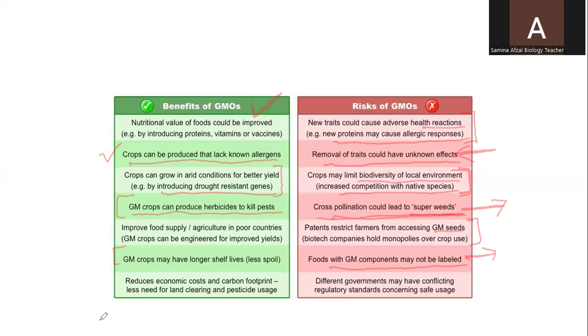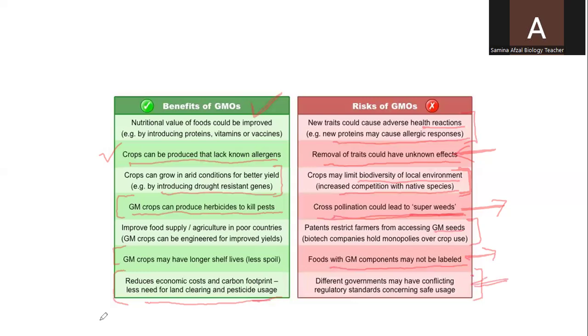So when there is no labeling, we cannot know what is present inside them, how they are modified. Genetic modification also reduces the economic costs and carbon footprint, with less need for land clearing and pesticide use. And different governments may have conflicting regulatory standards concerning safe usage.